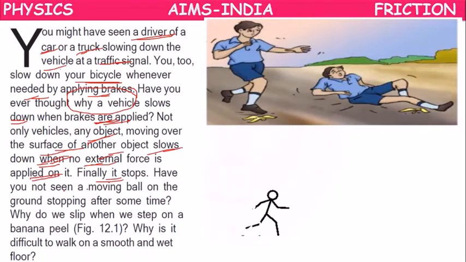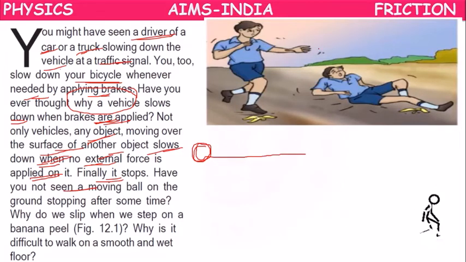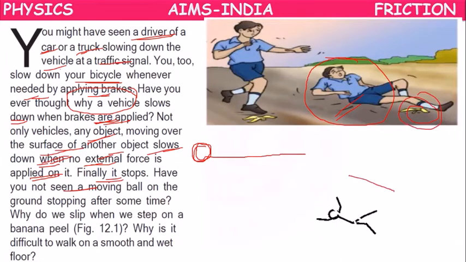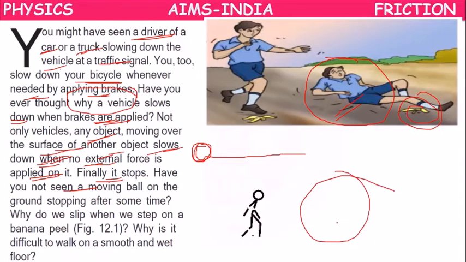Suppose you take a moving ball. After rolling for some time, it will stop. Or here, while running, this boy slipped onto the ground because of this banana peel. Suppose this boy was running on a wet floor and he slipped onto the floor.